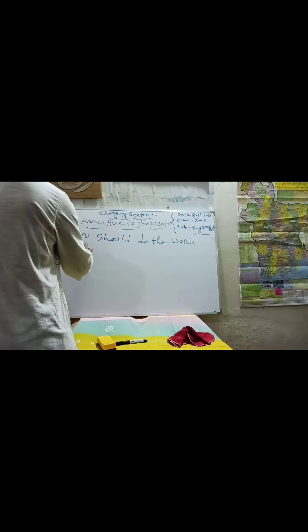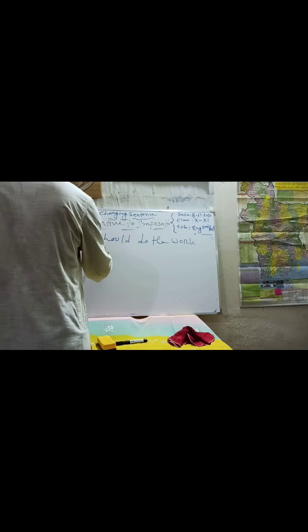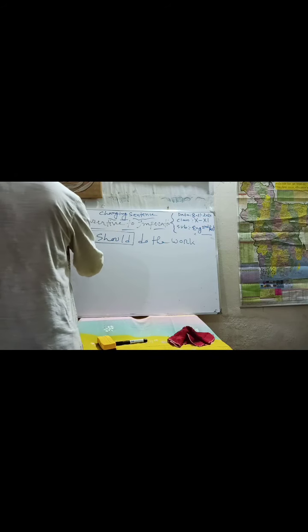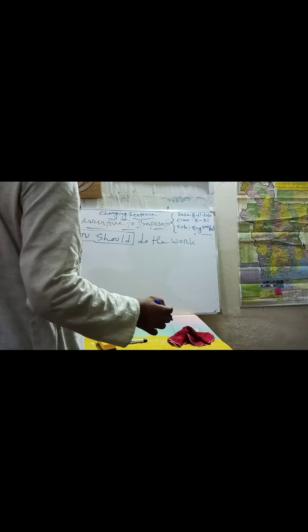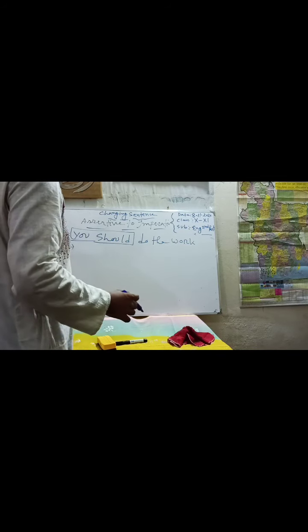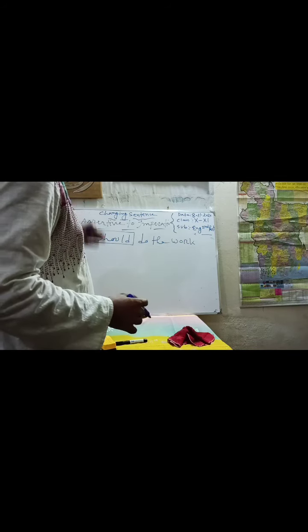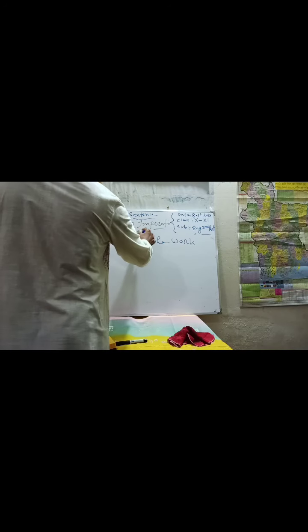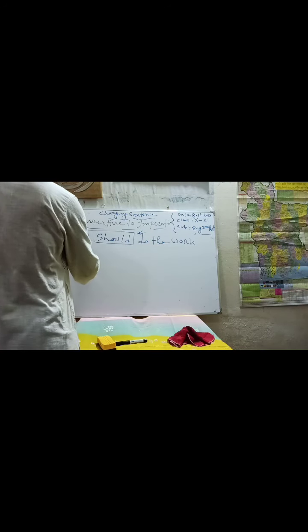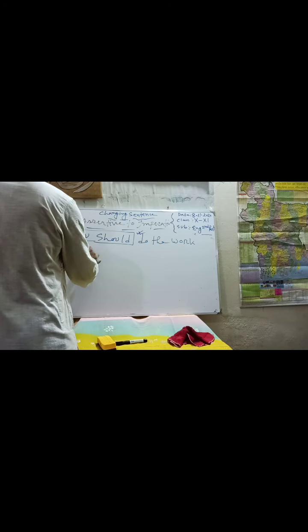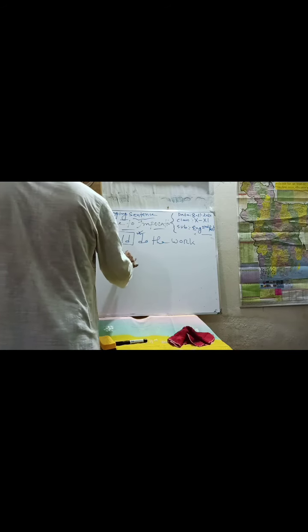If we get second person you and a modal auxiliary verb, then we have to omit it and we start from the principal verb.